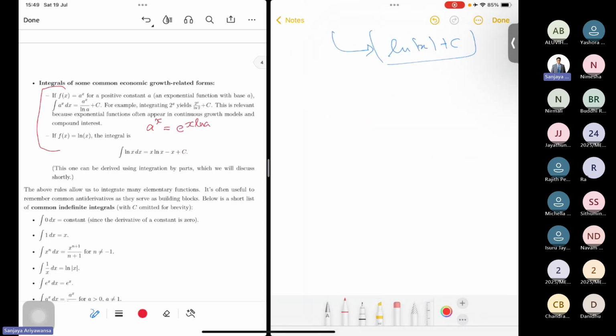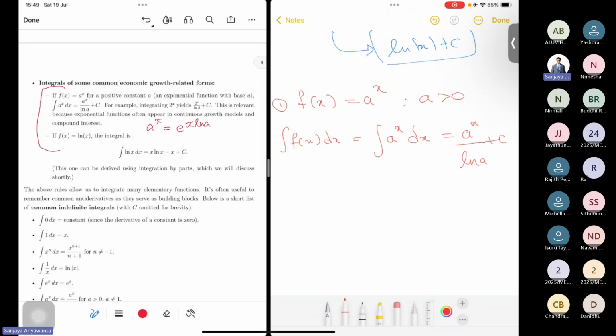One is if you have a function f of x equal to a to the power x, where a is a positive constant, so 2, 4, 5, any positive constant. If you are asked to find the integral of this function a to the power x, the answer you get would be a to the power x divided by log a plus c.